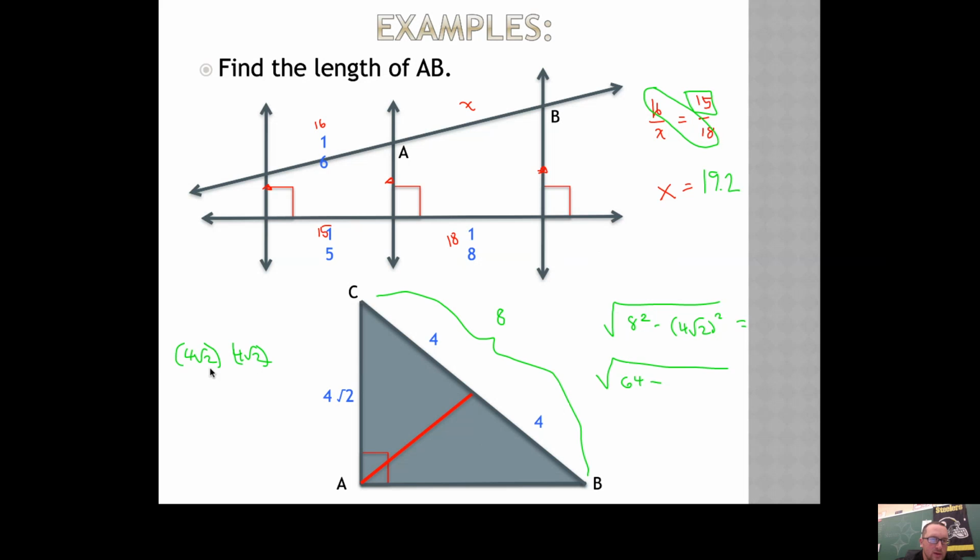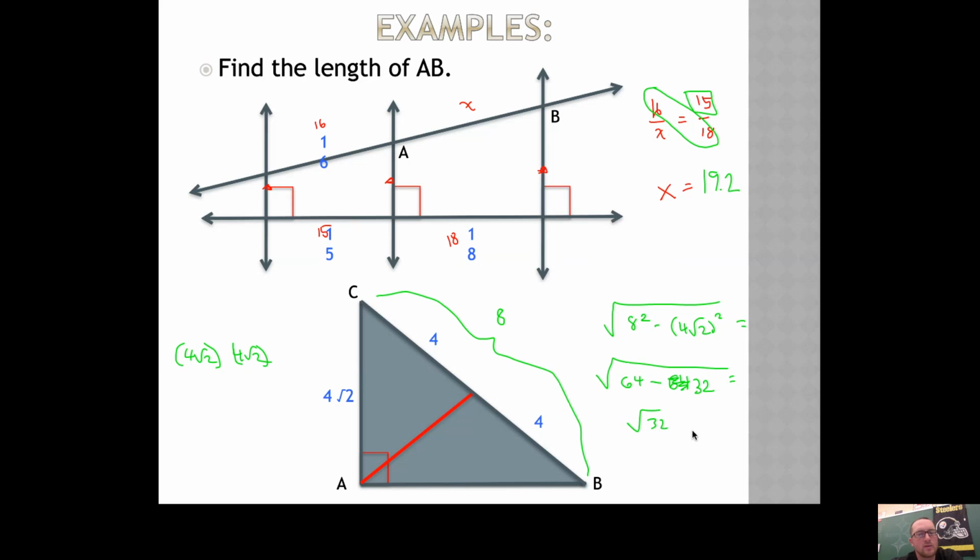We're going to multiply those two together. So you're going to take 4 times 4 to get 16. Square root of 2 times square root of 2 gives you 2. So you're going to do 16 times 2. Sixteen times 2 is not 64, it's 32. 64 minus 32 gives you 32.